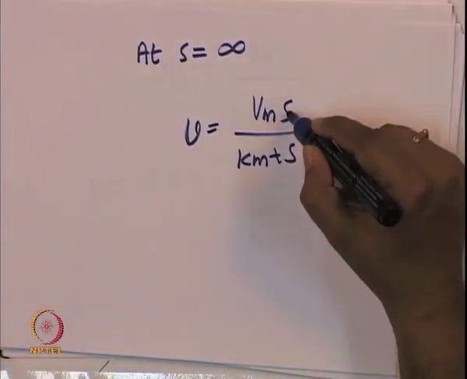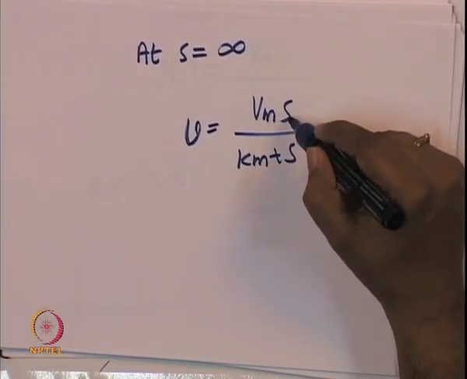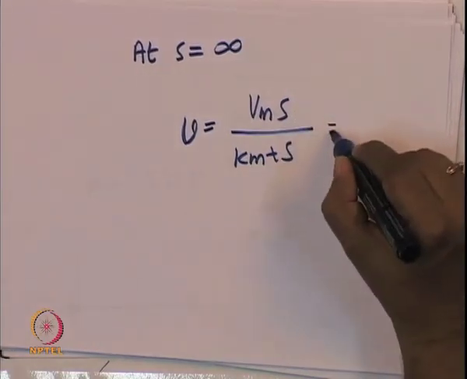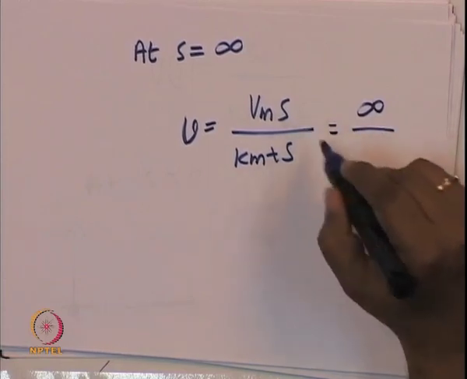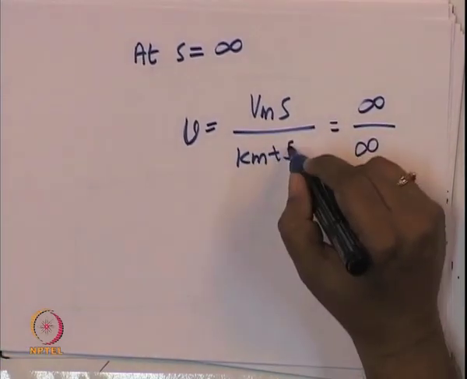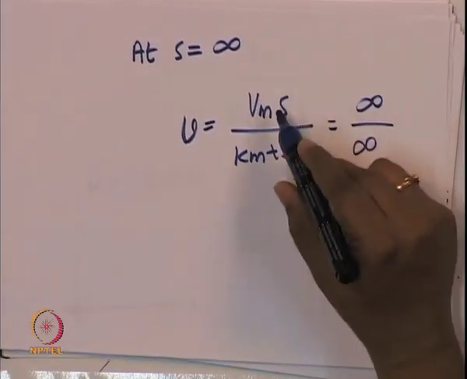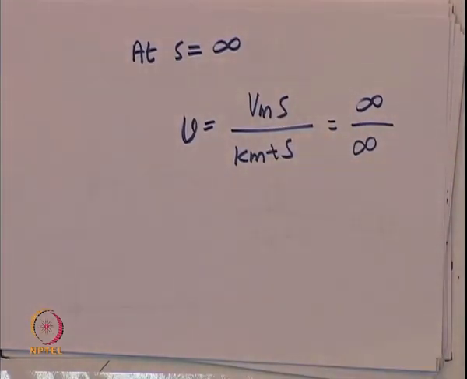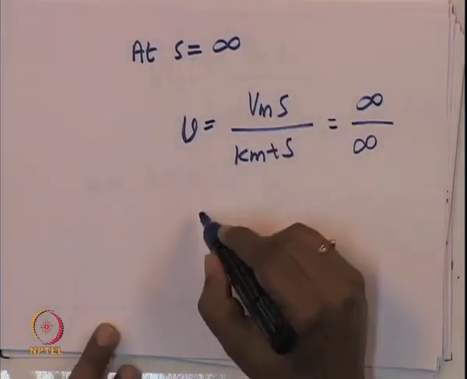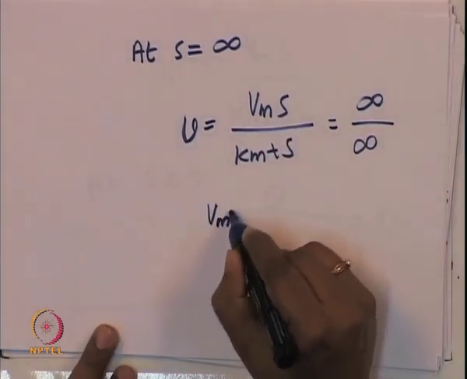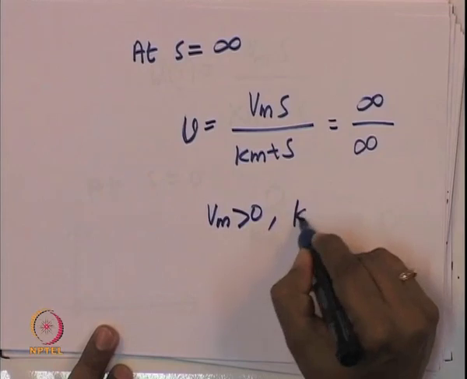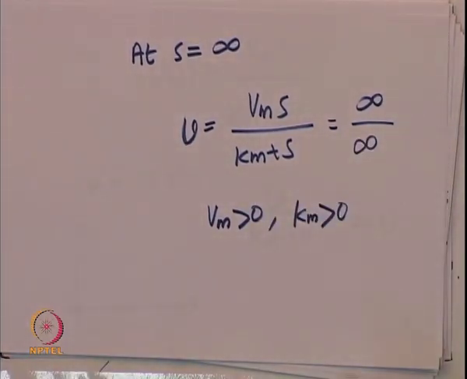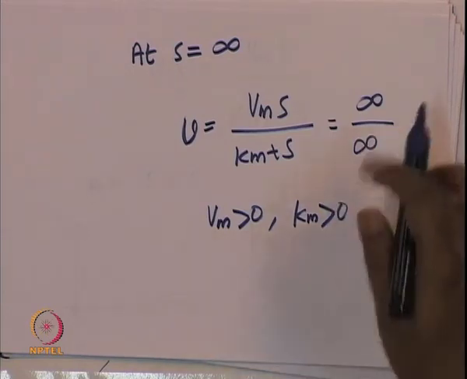If you just substitute s equal to infinity, this will be infinity by infinity, because infinity plus Km is also infinity, and infinity into Vm is also infinity. Another important point is that Vm and Km are positive constants for the moment: Vm is greater than 0, and Km is greater than 0. So we have infinity by infinity.